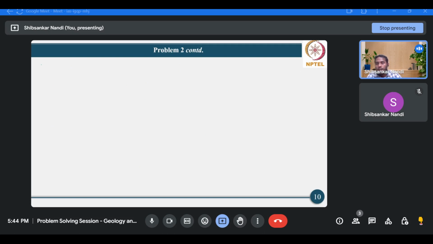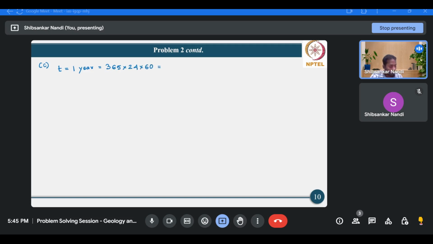So therefore, we have to approach in a reverse way. First, we'll calculate the TV. So see, since your T is given as 1 year, that means 365 multiplied by 24 multiplied by 60.